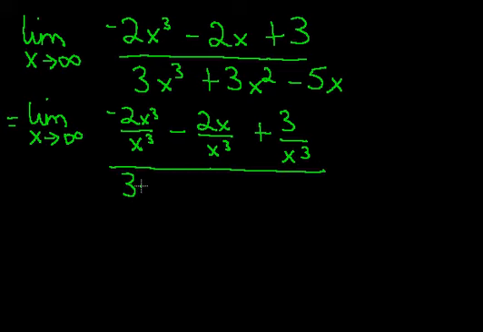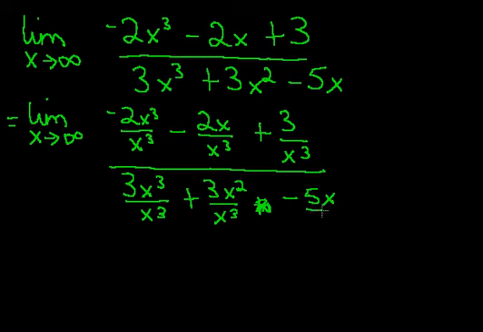And then this is all over 3x cubed over x cubed, plus 3x squared over x cubed, minus 5x over x cubed. And now we can simplify all of this down.